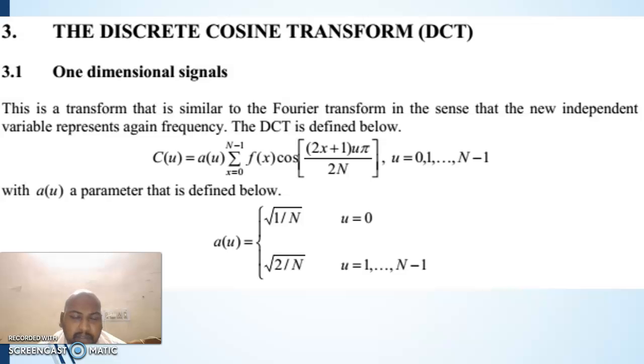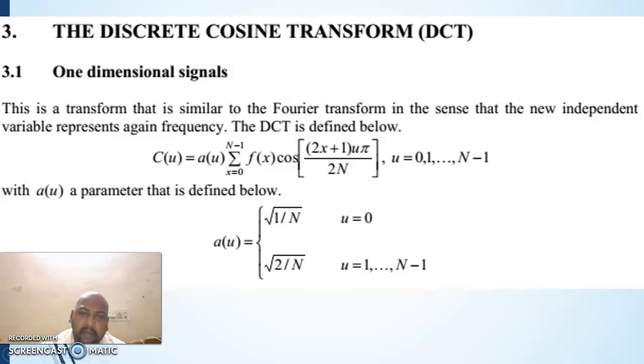Earlier, we discussed the discrete Fourier transform. In it, the transformation function is a complex conjugate function. The image coordinate values are converted to another form of representation with the help of this complex conjugate basis function.